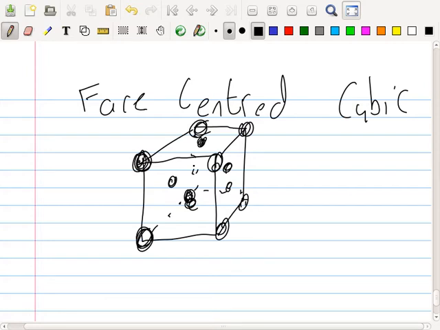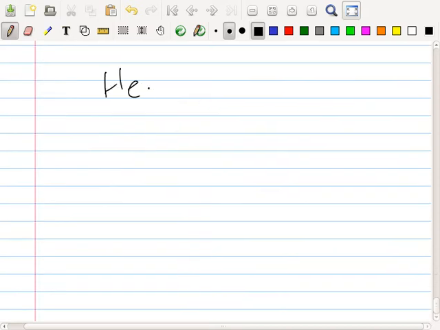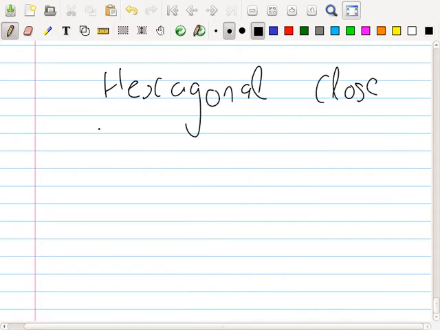And then there's another pattern called hexagonal close packing. You can see the diagram here. It's when it's like this.